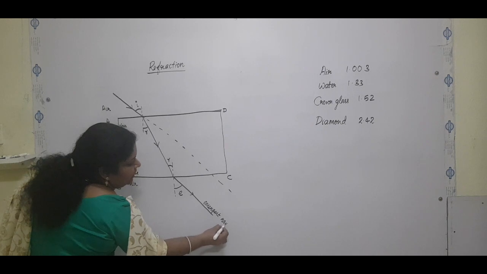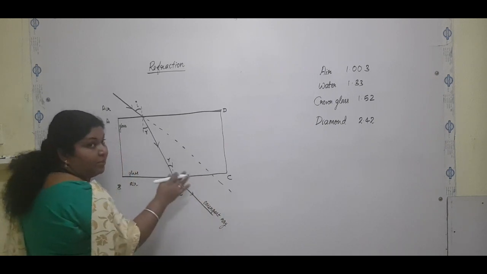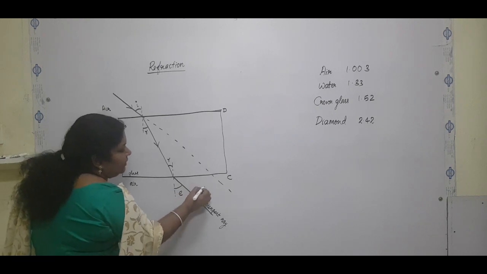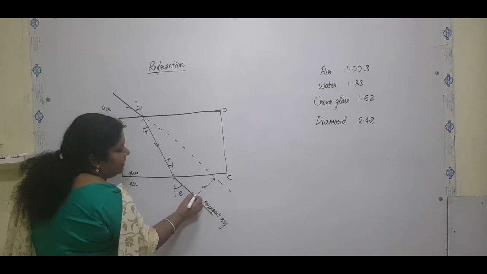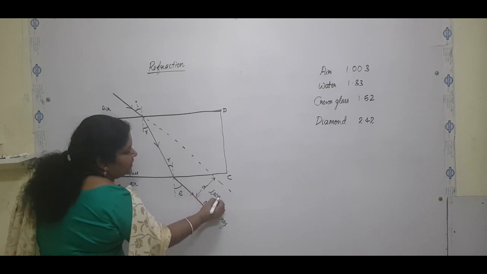So this incident ray and the emergent ray are parallel to each other, and this distance between incident direction and the emergent direction is known as lateral displacement.